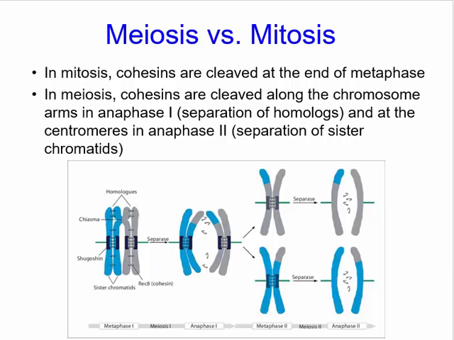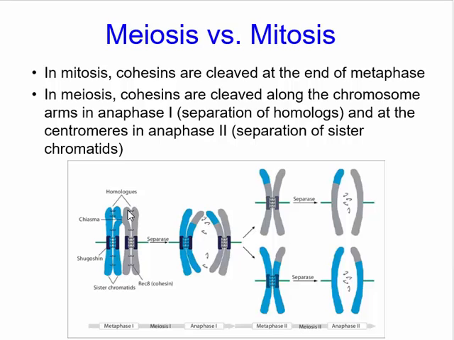So remembering back to mitosis, at the end of metaphase, we saw the cohesins being cleaved in between sister chromatids. That separated them in anaphase. But again, in meiosis, the cohesins that help connect the homologs are separated at the end of metaphase 1 and into anaphase 1.